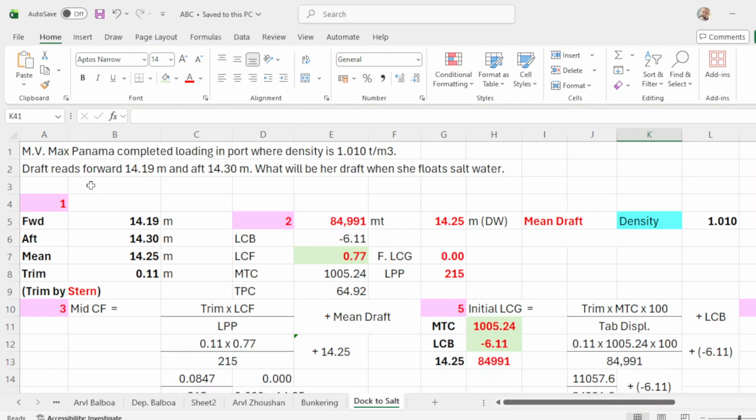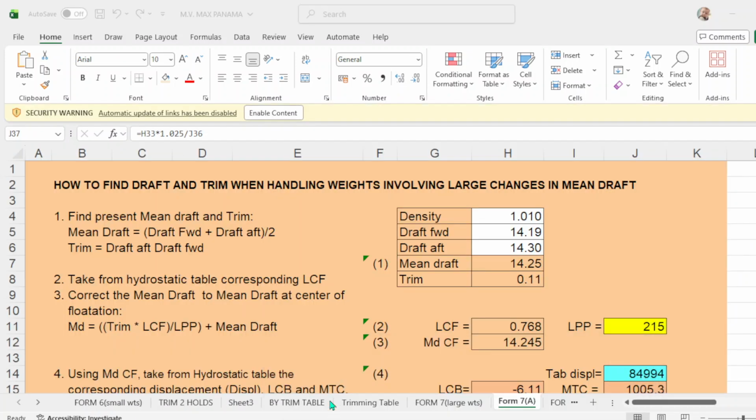In number 1, you get the forward and aft drafts, the mean draft and the trim. Put the forward draft 14.19 and aft draft 14.30, mean draft 14.25, trim is 11. Then number 2, we will get the value of LCF from this mean draft.